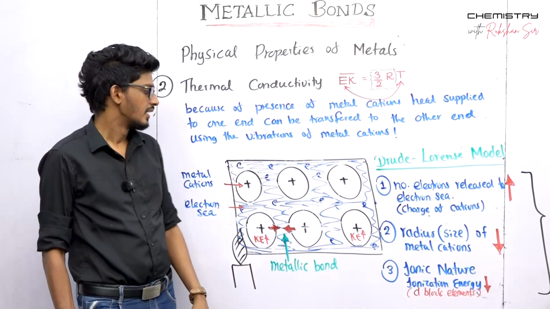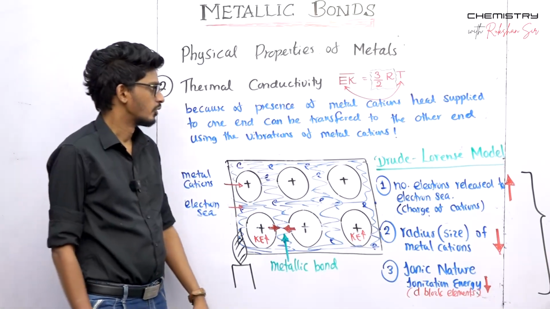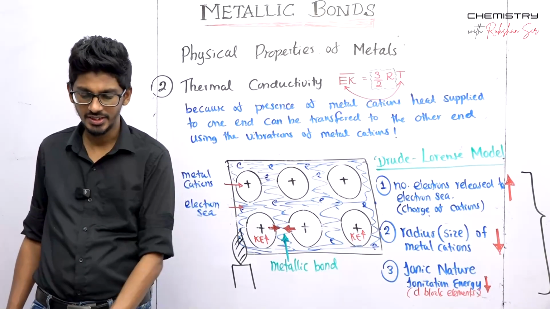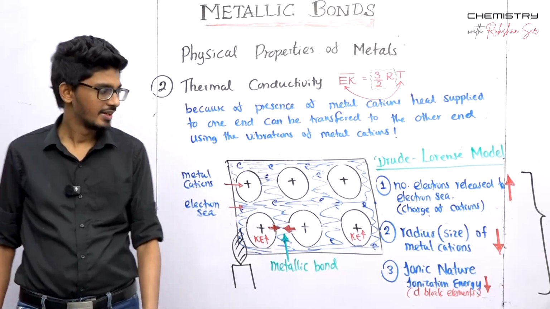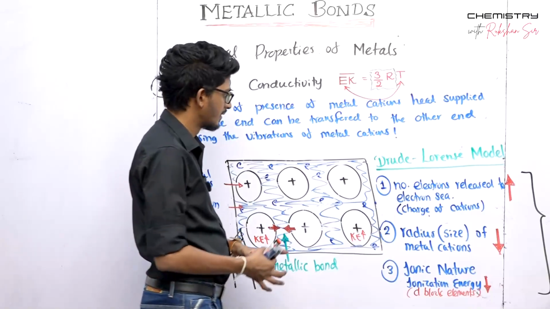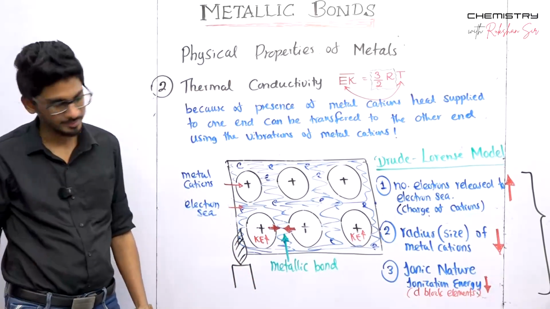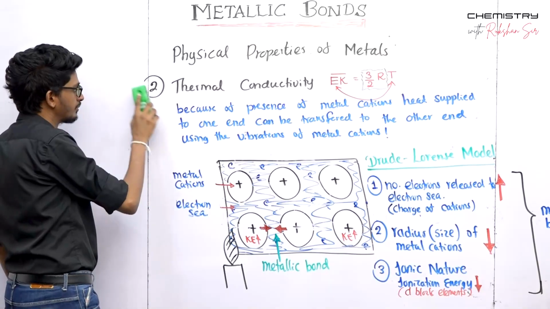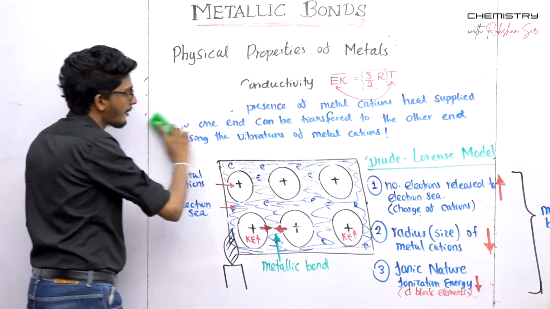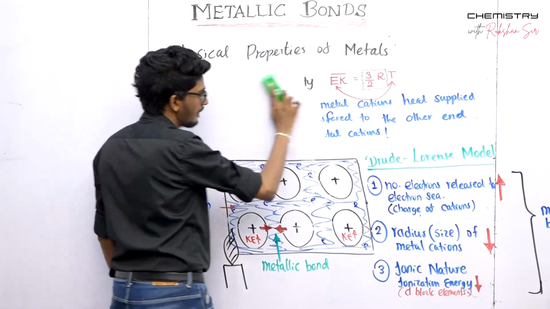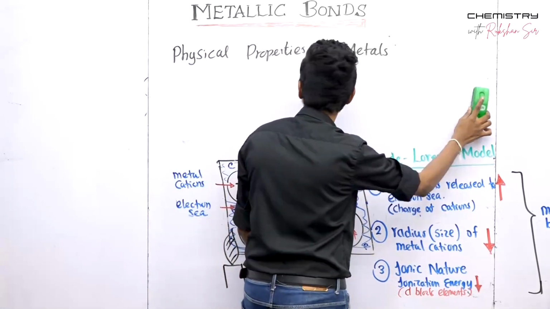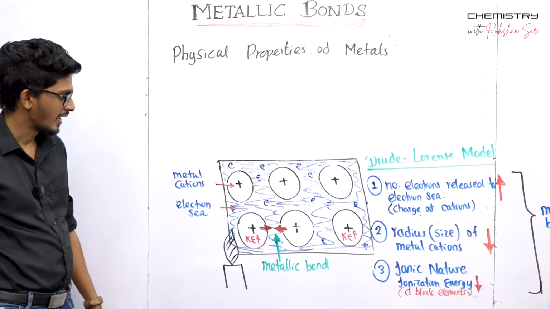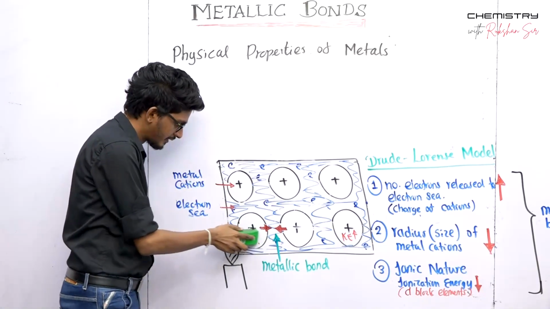Okay, so let's discuss more physical properties of metals. The third property which we can see with metals is the hardness and the melting points.